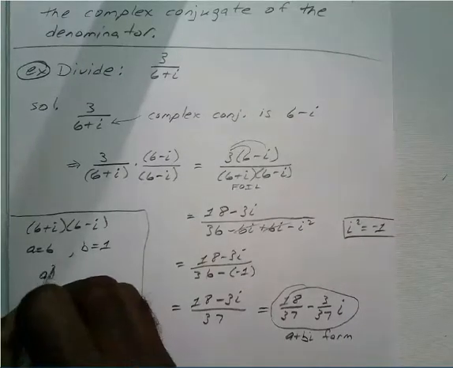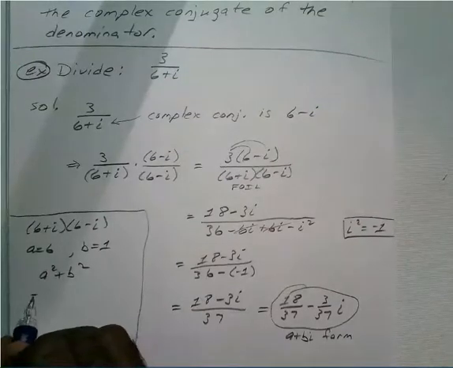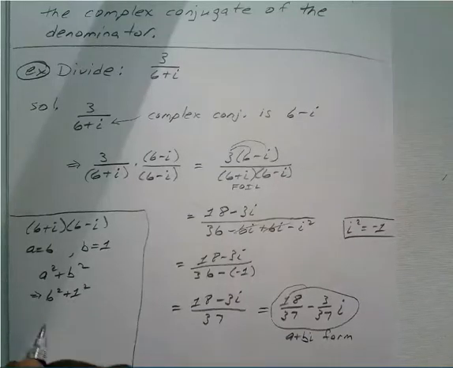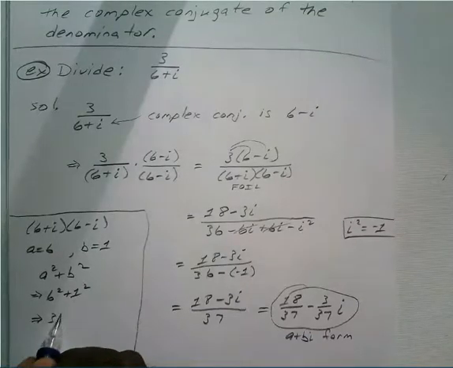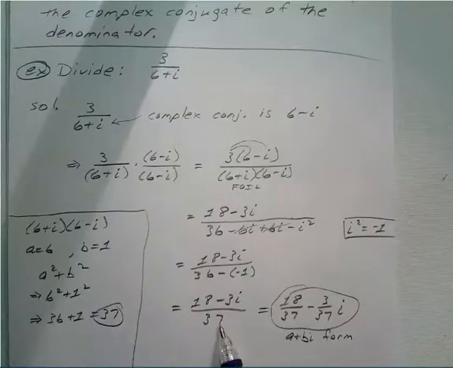So your a squared plus b squared would just become 6 squared plus 1 squared, or 36 plus 1, which is 37. So either way, you would still get the denominator of 37. Like I said, your FOIL method or the formula, you'll get the same thing. Completely up to you.